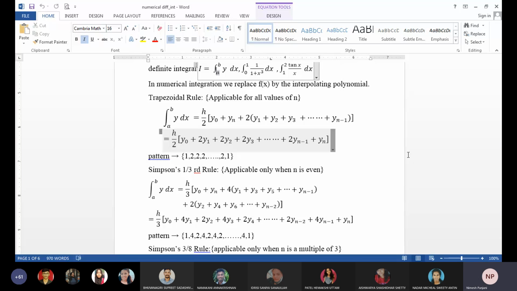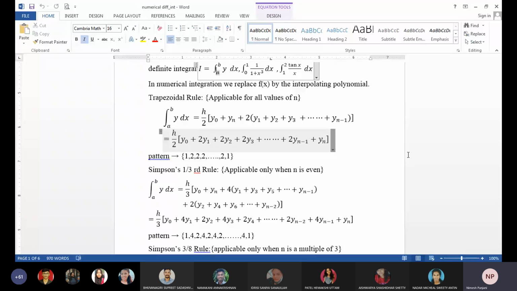The pattern of the coefficients is 1, 4, 2, 4, 2 and at last 4, 1. That means the first and the last term will have the coefficient as 1.